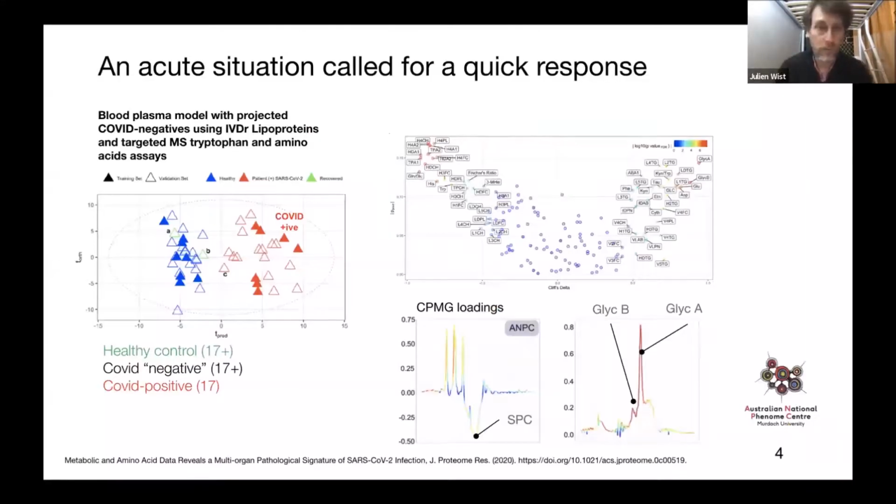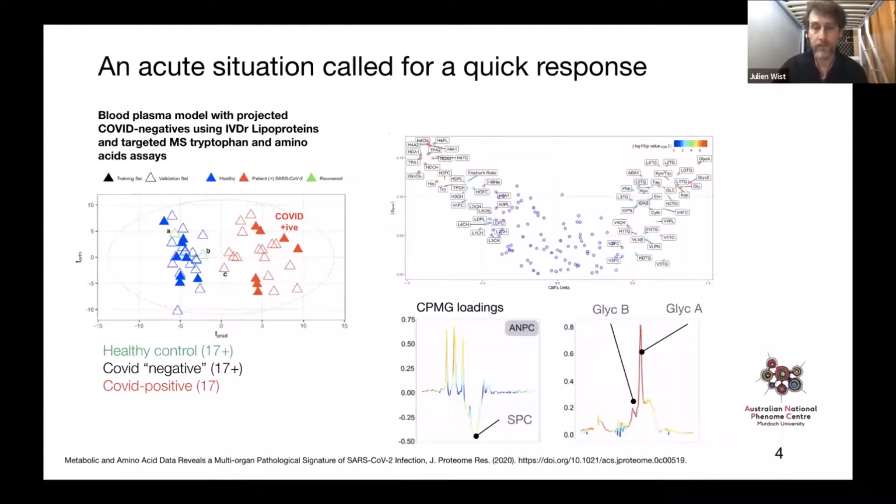So the whole project started very much like all these metabolic phenotyping projects, by recruiting and finding some patients following the infection, so with active COVID infections. We also collected a control cohort, very similar to all the projects in that field. And then in order to move quickly, the first parameters that were measured were targeted NMR.